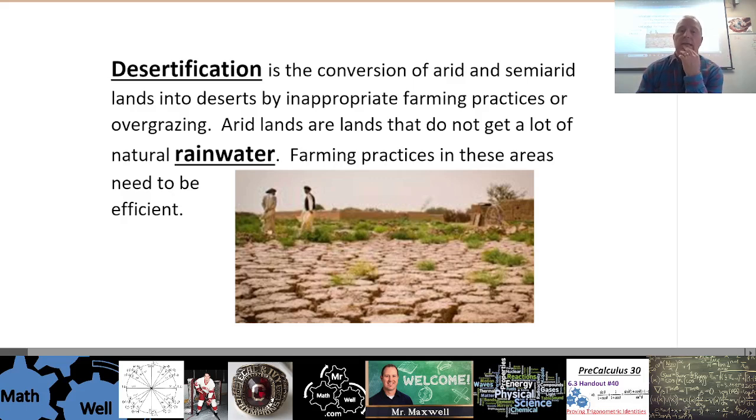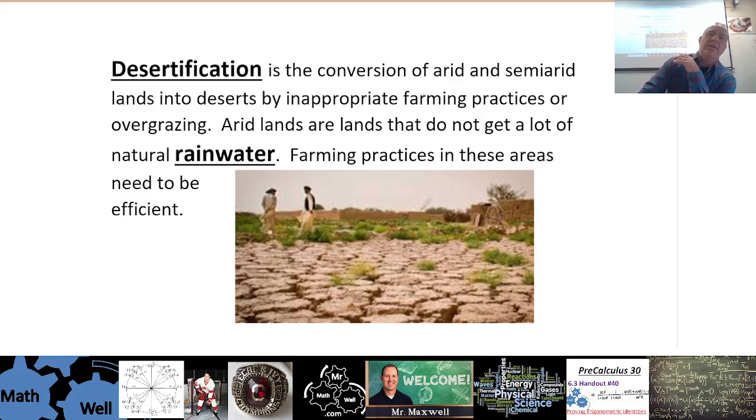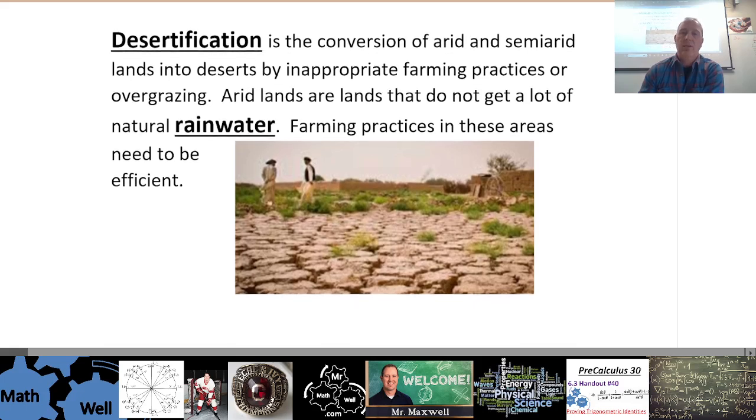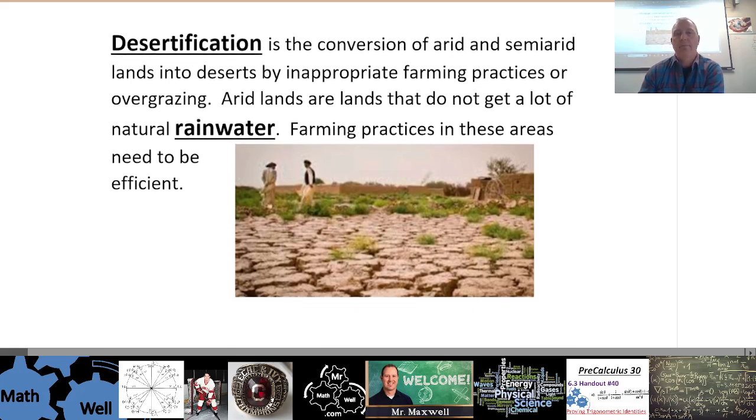Farming practices in these areas need to be very calculated and efficient in order to continue growing something. Arid lands do not get a lot of natural rainwater, so very close to desert-like conditions, very dry.